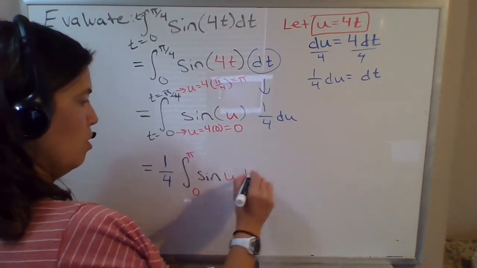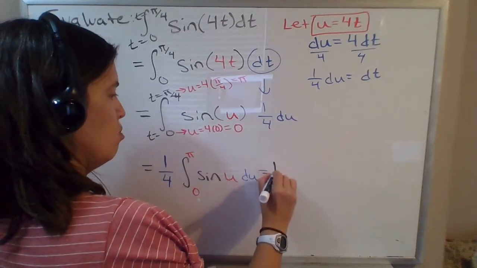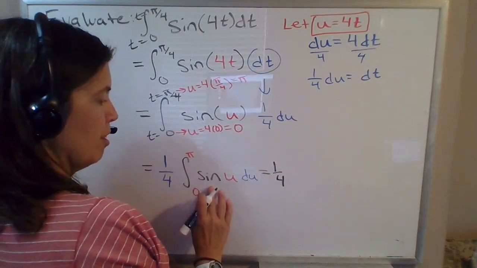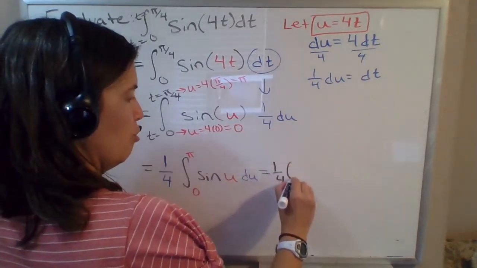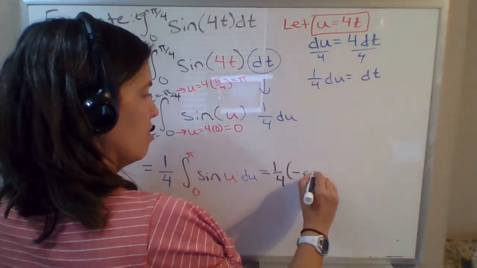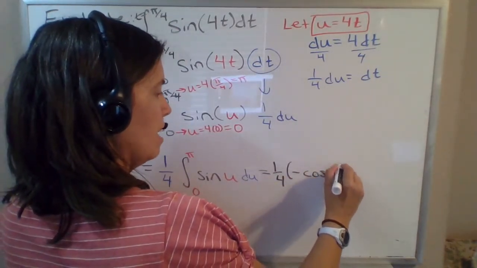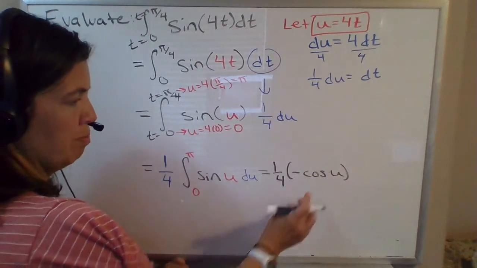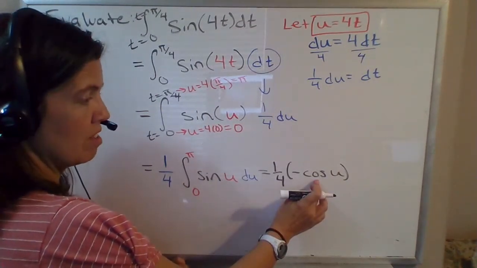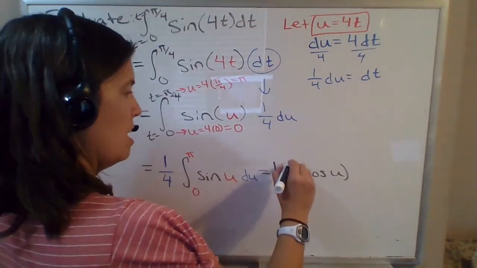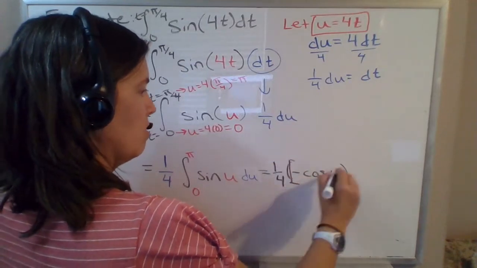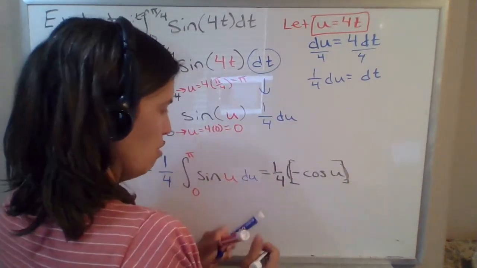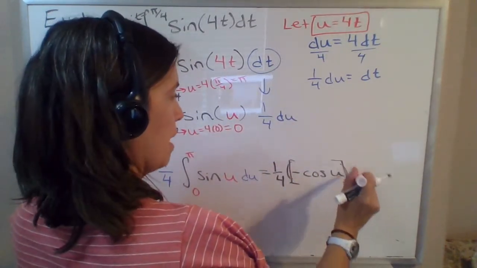And now we would just take the antiderivative of the sine function. The function whose derivative is positive sine would be negative cosine of u, because the derivative of cosine is negative sine. Now this is evaluated, I'm going to change this to brackets, from 0 to pi.